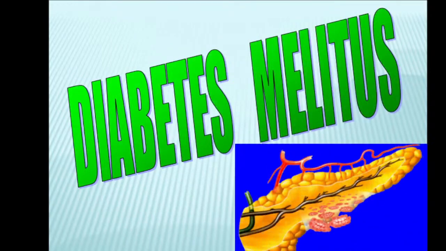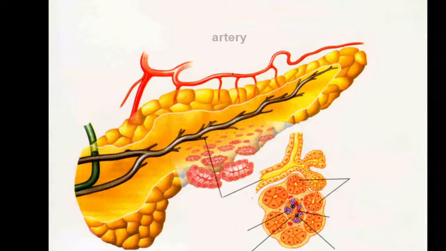Disordered incretory function of the pancreas is clinically manifested as diabetes mellitus. You know that the pancreas is a gland which has two functions: exocrine function, which we discussed when we studied the digestive system, and incretory function, which we will talk about today.